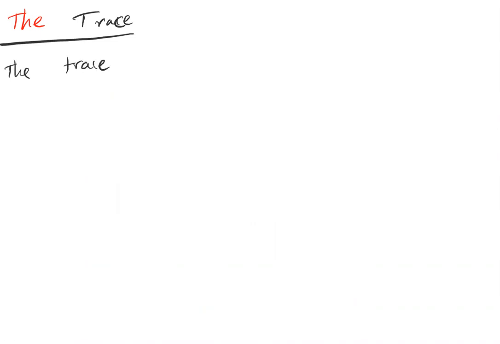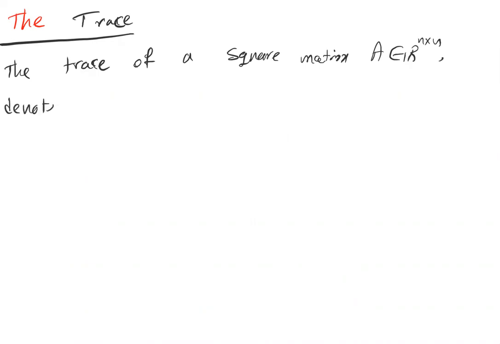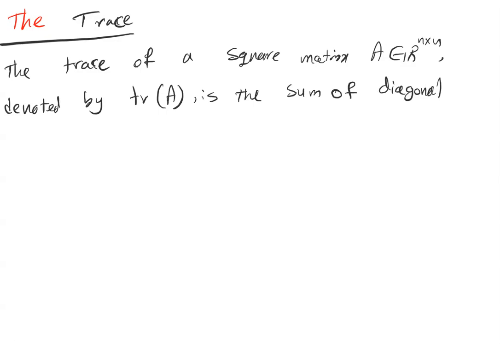Trace again is defined for square matrices. The trace of a square matrix like A, which is n by n, denoted by trace of A, is the sum of all diagonal elements in the matrix.